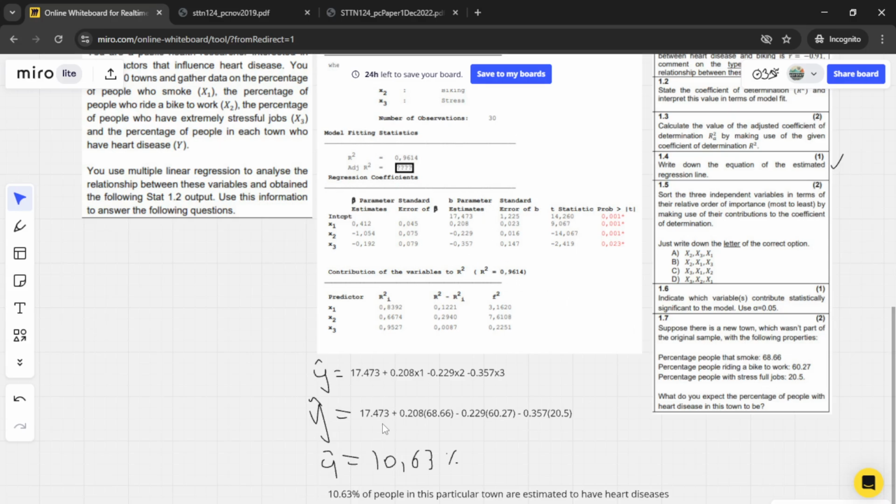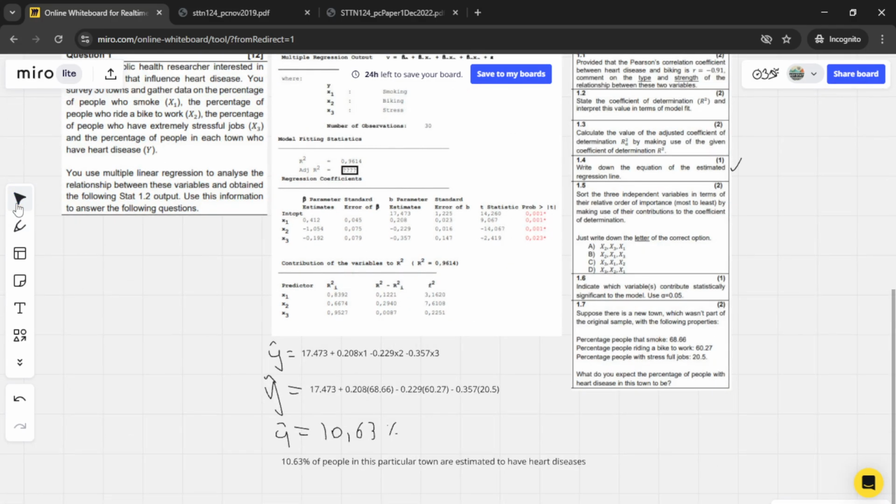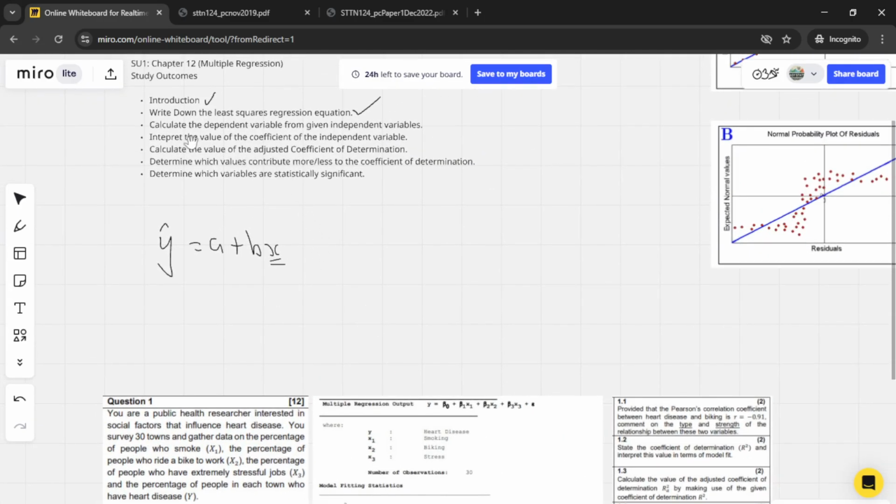So you first have to have this equation, then you substitute these values into this equation and get your answer. That is how you calculate the dependent variable from given independent variables.